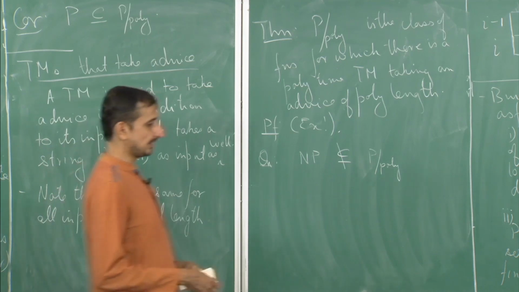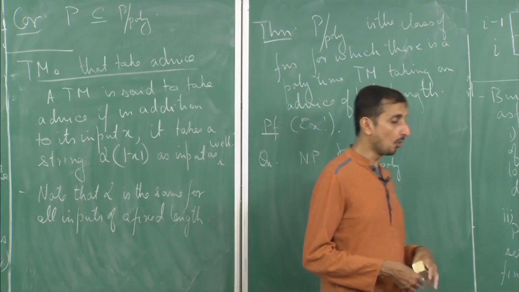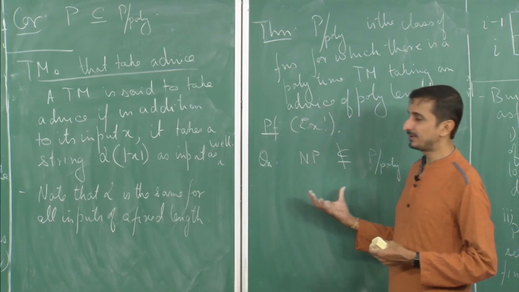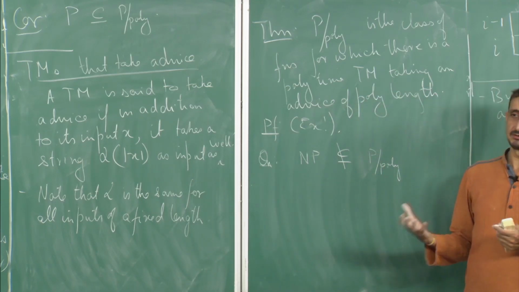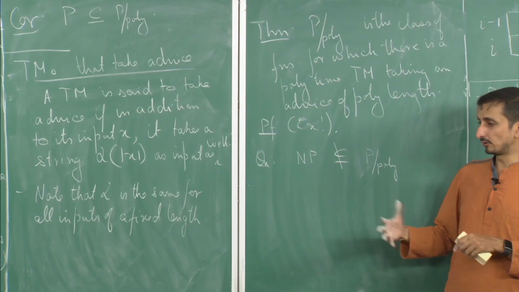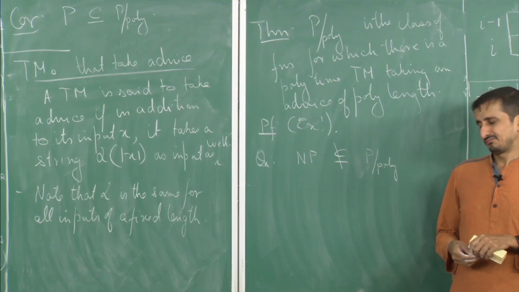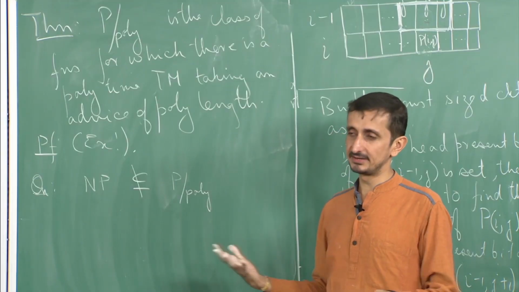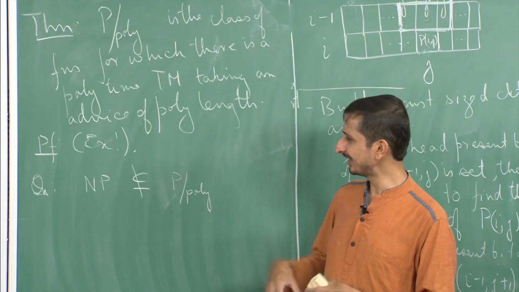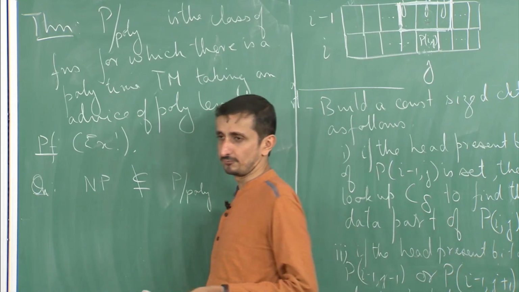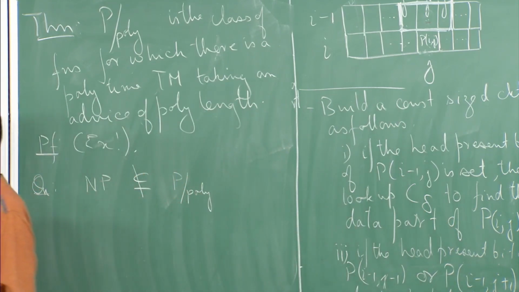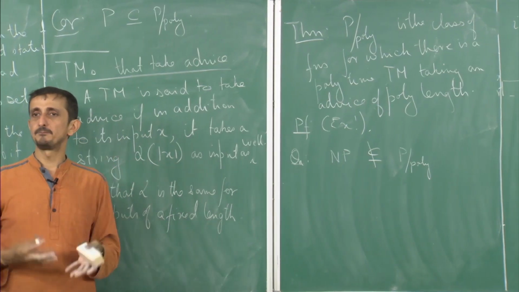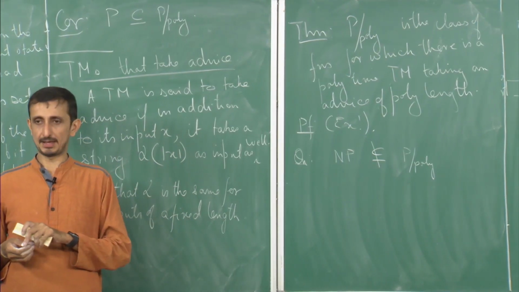This is something that we believe is true, because NP has very complicated problems, where we can only verify solutions. So, how can we design polynomial size circuits for it? It seems quite unlikely, and there are even results which show that if NP is in P slash poly, then there is some de-randomization that happens.